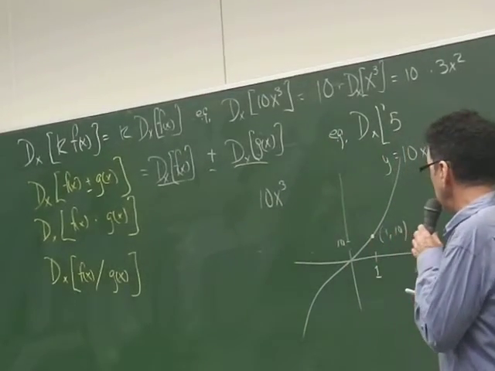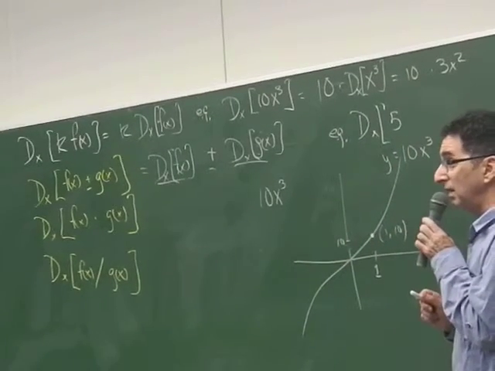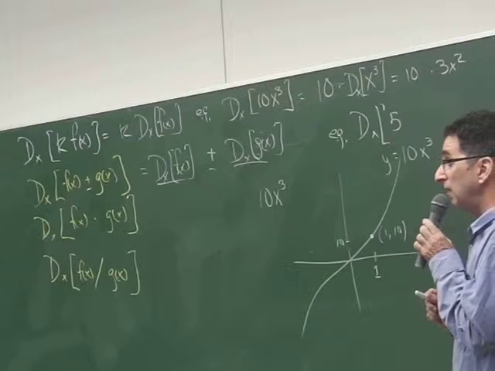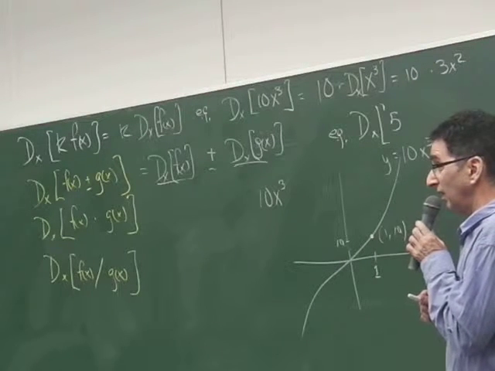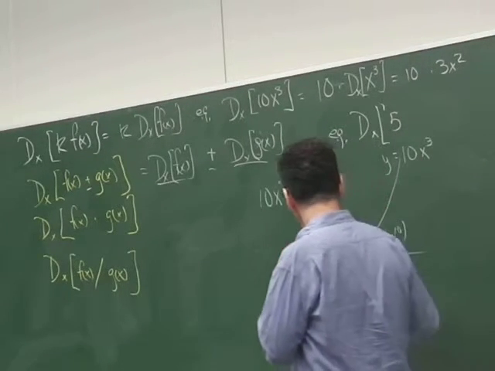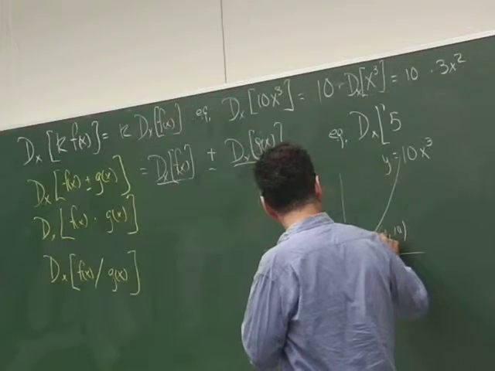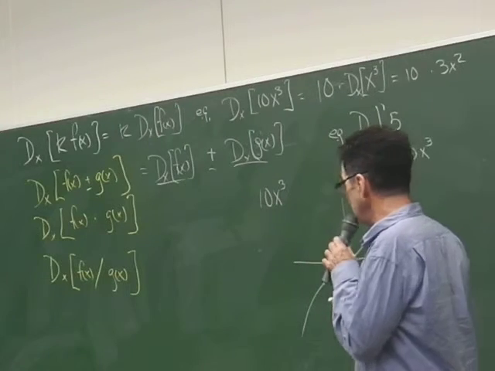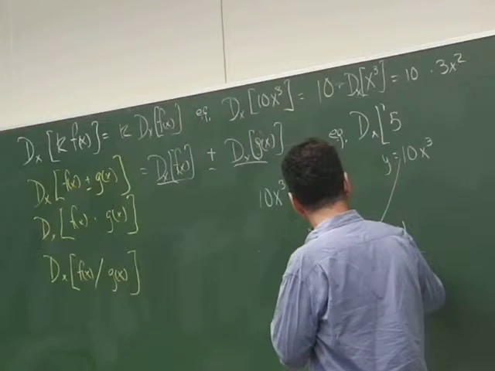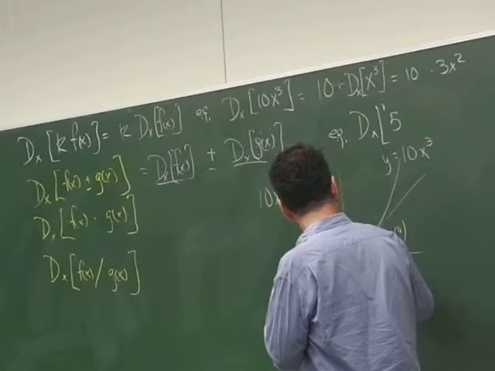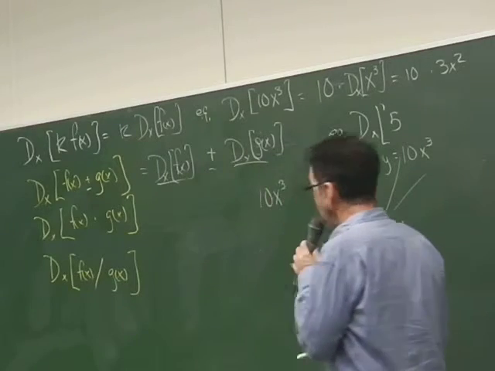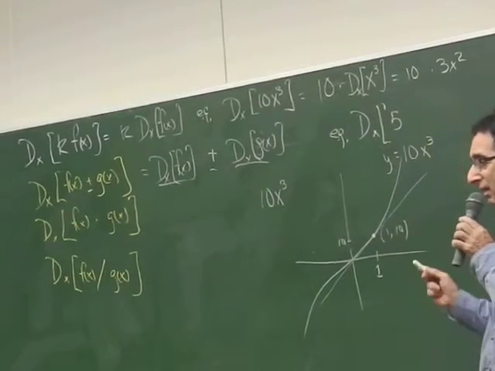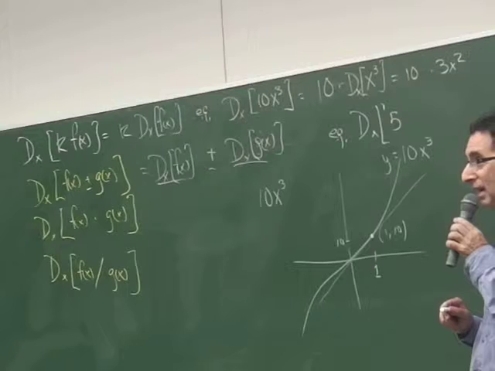Okay? But that's not the derivative. The derivative tells me what? The slope of the tangent line at that point. So I can sketch the tangent line, something like that, right? And the slope of that, now you say, well, I don't care about the slope of that line.